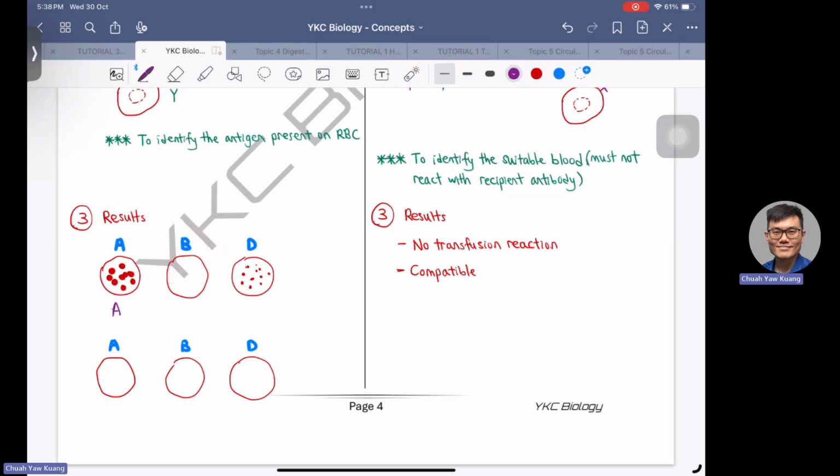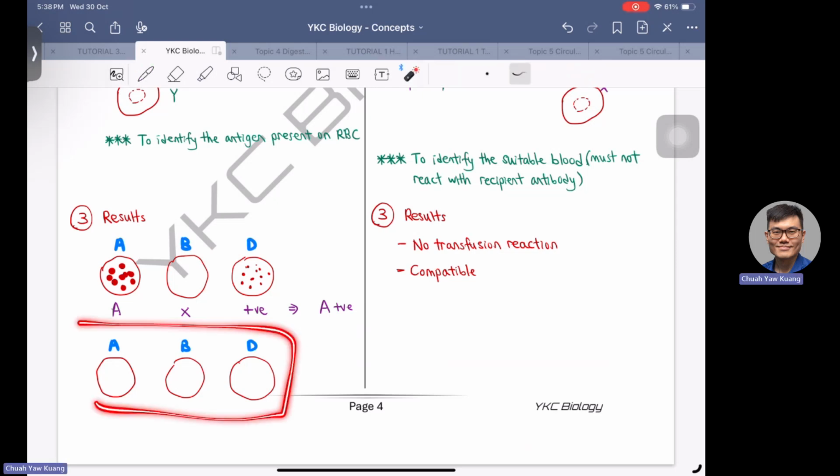So it means there's no B antigen on it. And the third one shows agglutination, a positive result in the third group. So this means that this blood is a positive blood.